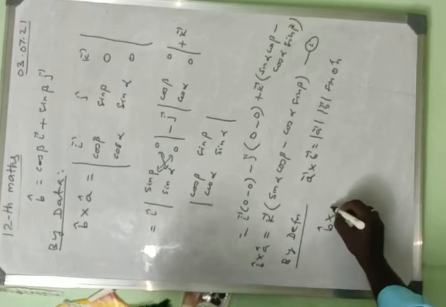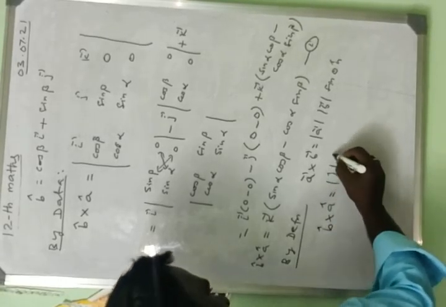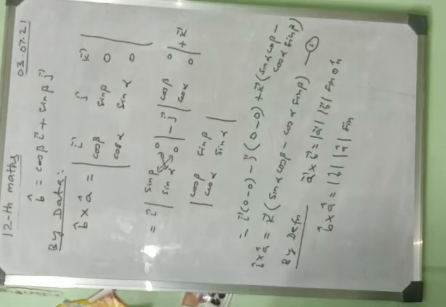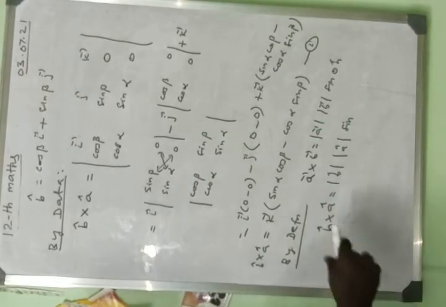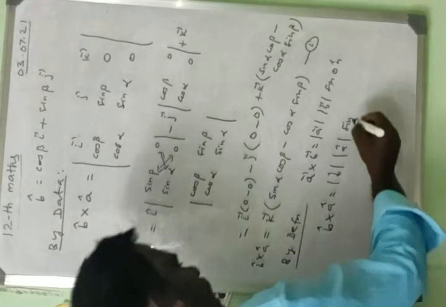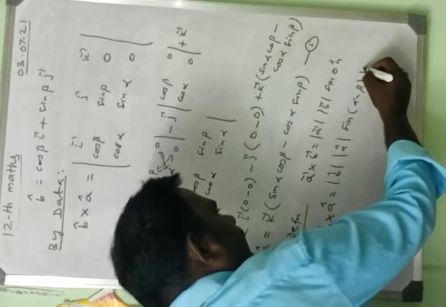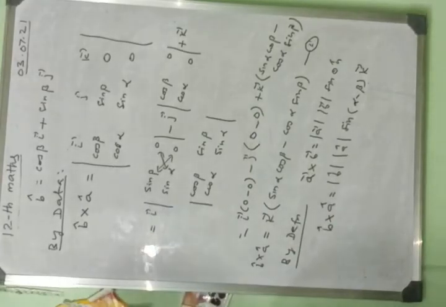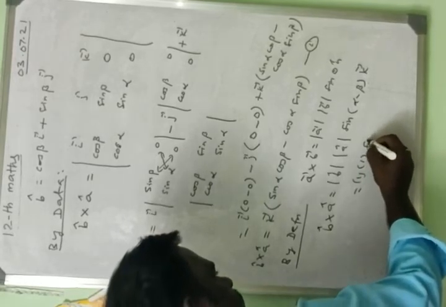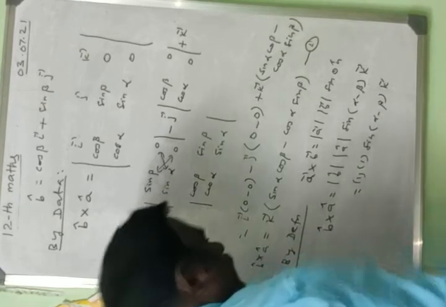Cap B cross cap A is equal to mod of vector B, mod of cap A, into sin theta. What is the angle between vectors A and B? Theta is alpha minus beta only. So sin alpha minus beta into vector k. This value is 1, this value also 1, into sin alpha minus beta vector k.